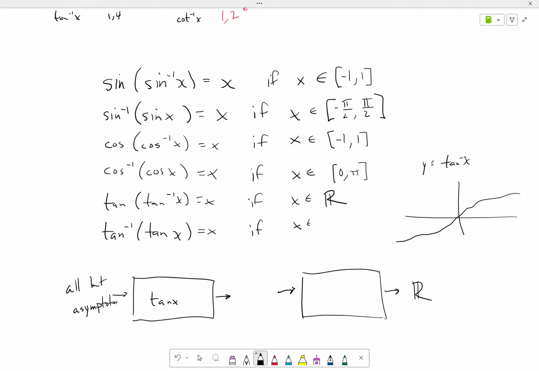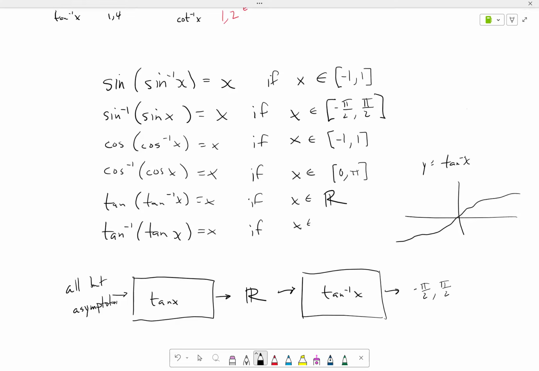And then what comes out of there? Negative infinity to infinity. So all real numbers come out of tangent of x. Yes, it goes up and down forever. And then I think we could plug all those numbers into tan inverse of x, can't we? And what comes out of tan inverse of x? Negative pi over two to pi over two.